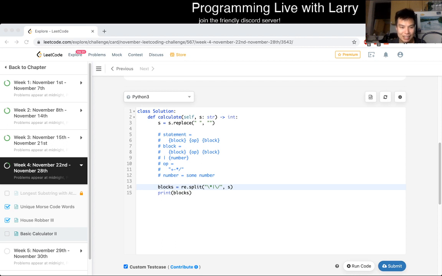So let's do that. I'm just looking up the regex thing, but maybe that's okay. All right.